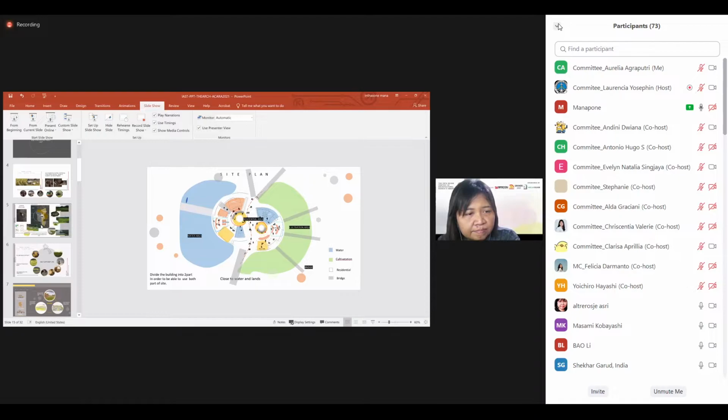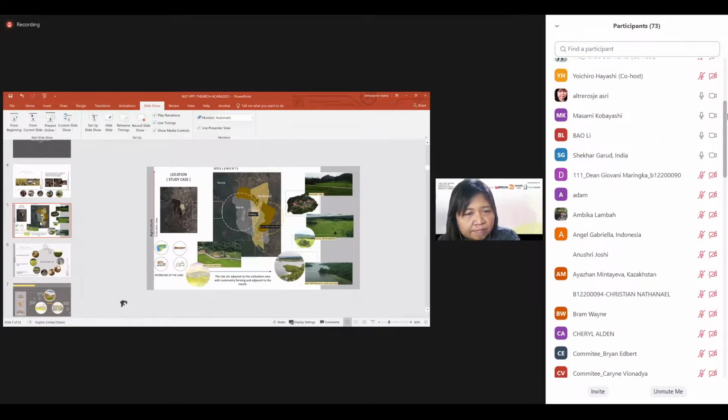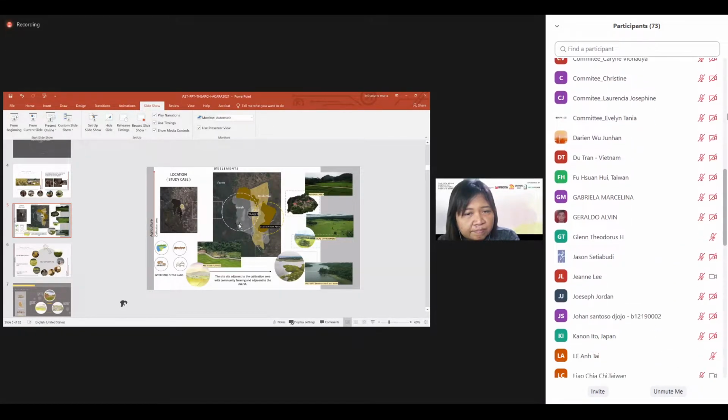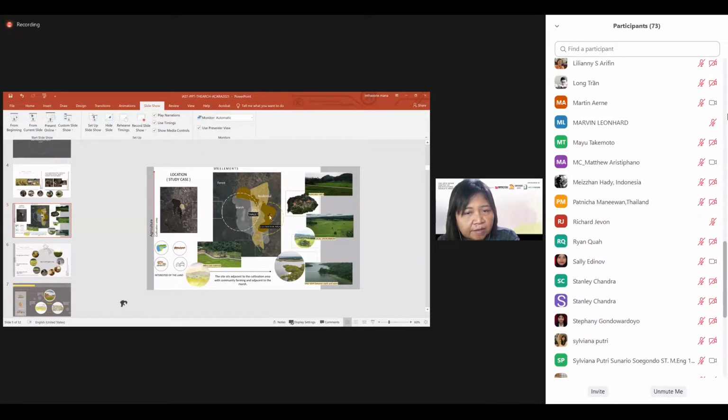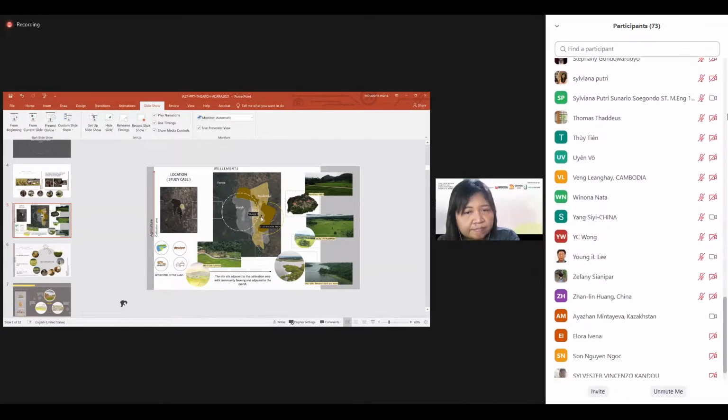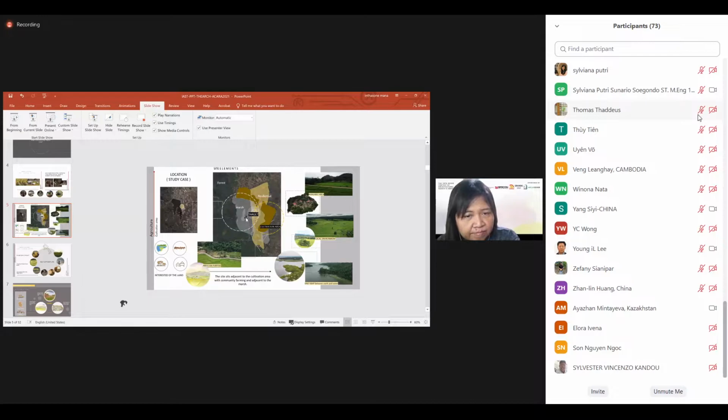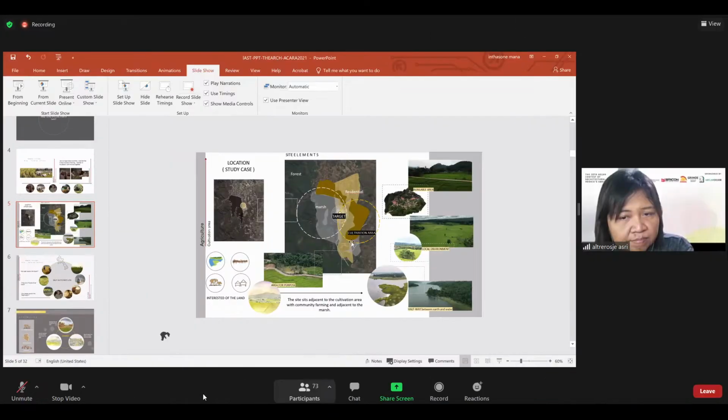The site is actually a cultivation area that sits beside a marsh. I don't know how to say it, lake or marsh, but it's not a river. I think this area is interesting, and I wanted to choose this place.